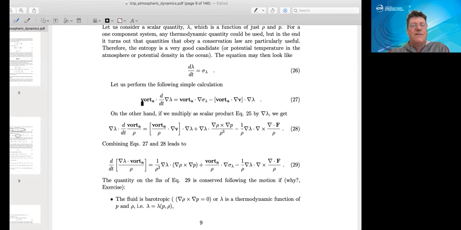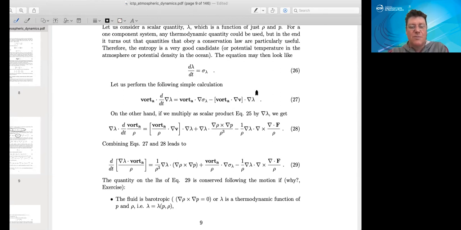So we can write down the vorticity scalar product, rate of change of the gradient of this quantity lambda. That would be equal to the vorticity times scalar product, the gradient of the source term, minus vorticity times gradient of the velocity scalar product with a gradient of this quantity.